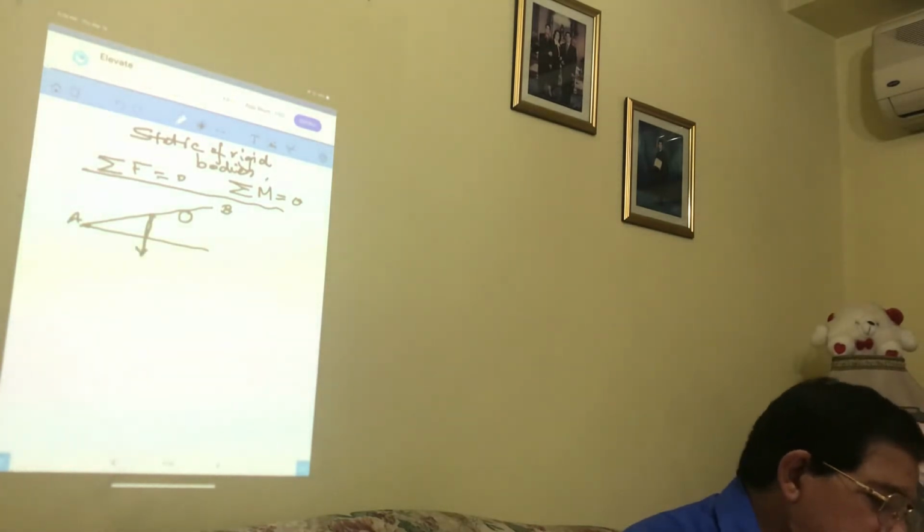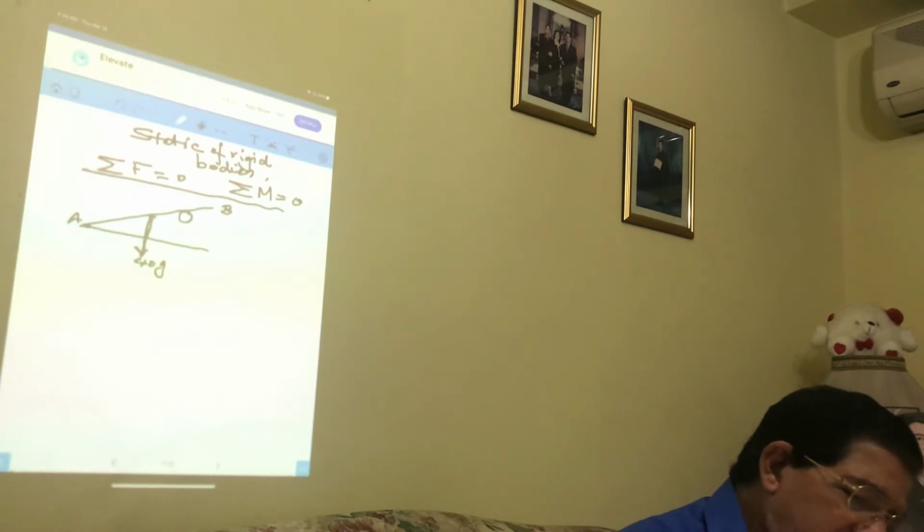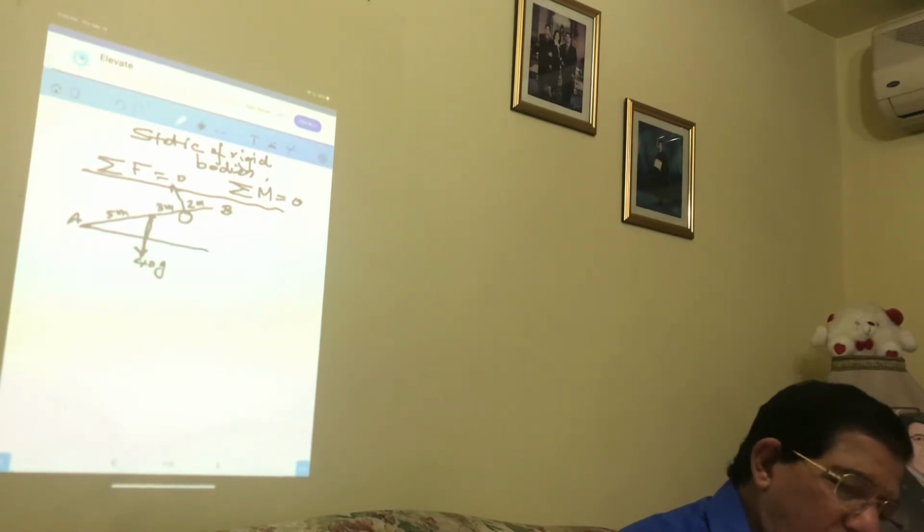Its mass is 40 kilograms, so the weight is 40g. It is 10 meters long, about 5 meters here and 5 meters there. It is given that this is 2 meters here and 3 meters here. This peg is a smooth peg, so we have a normal reaction at the peg. We call it R.